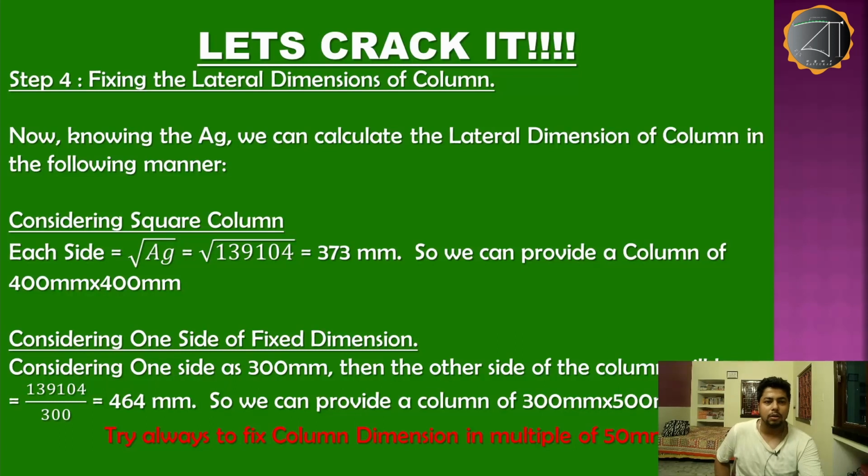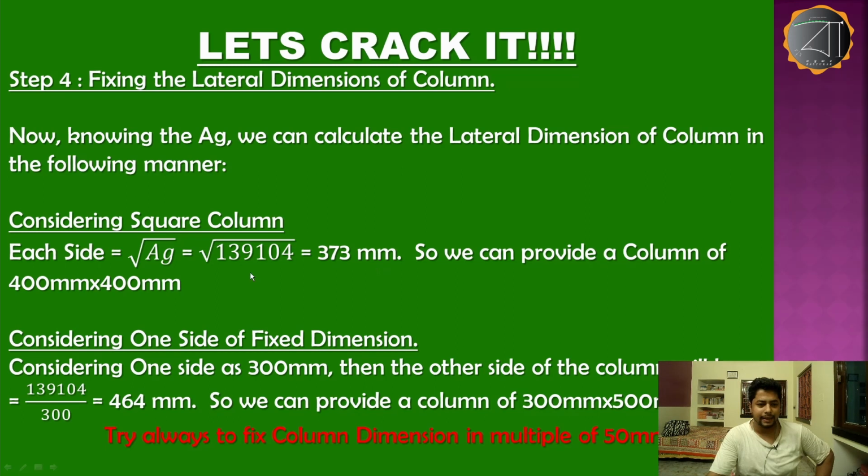Now we can do two things. We have to now fix the lateral dimension of the column. Either we can make a square column just by square rooting the area required, that is root over Ag, and it is coming to 373 mm to be precise.